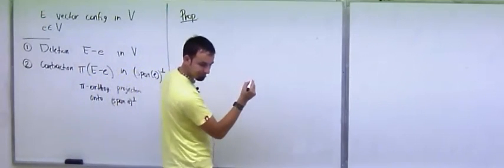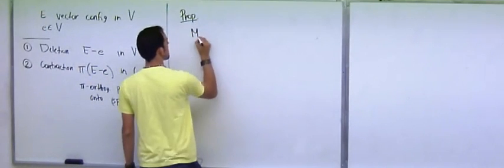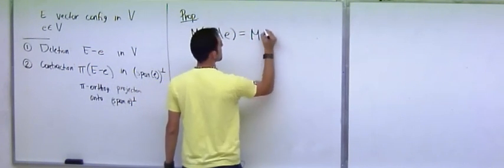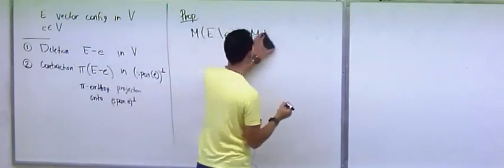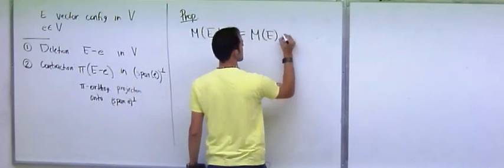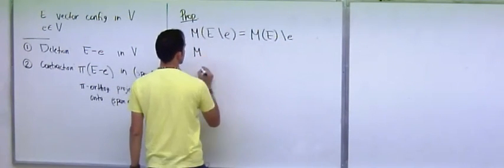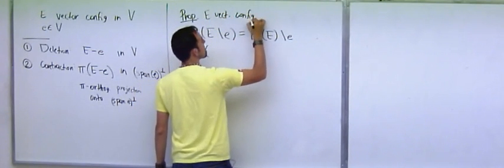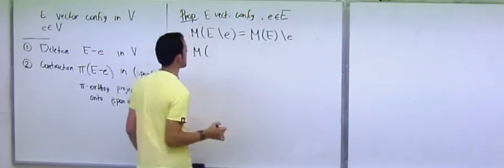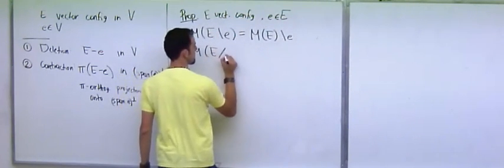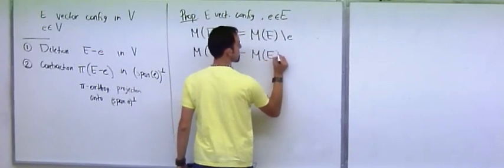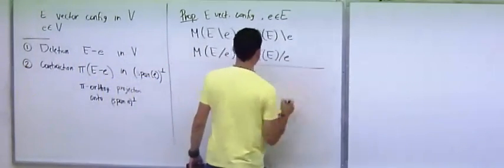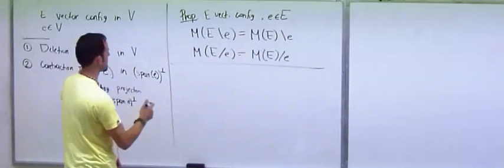So the matroid on the deletion is just the matroid with E deleted. E is one of the vectors. Basically, deletion and contraction correspond exactly to these two procedures. Okay. So let's prove this.